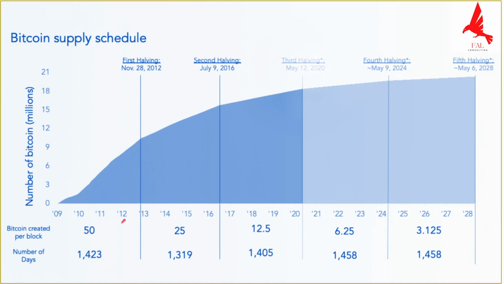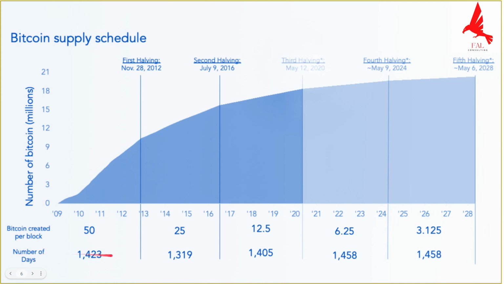So from 2009 to about 2012, they were receiving about 50 Bitcoin per successfully mined block. And that was reduced to 25, and this took about 1,423 days.